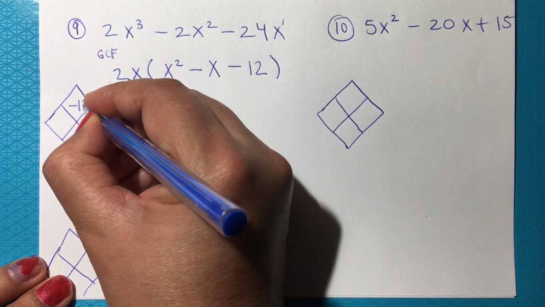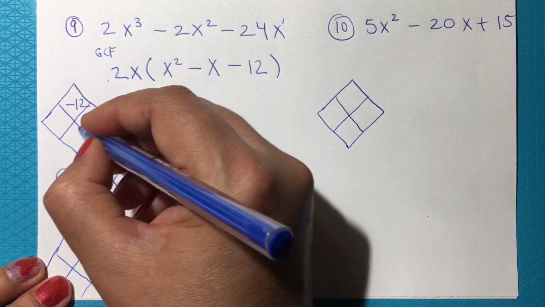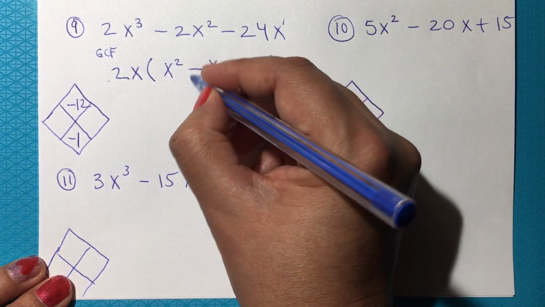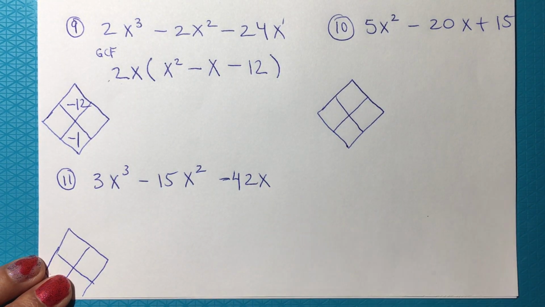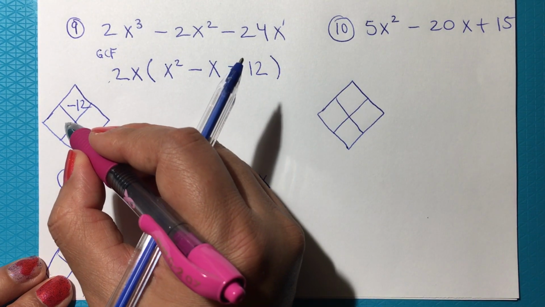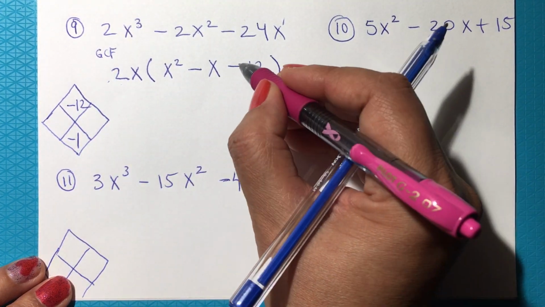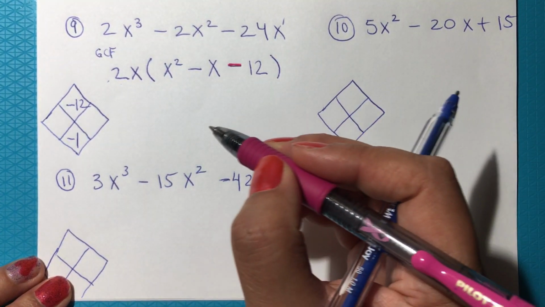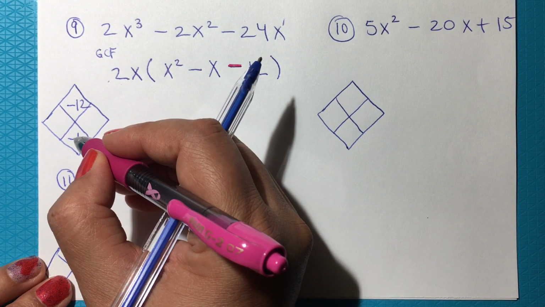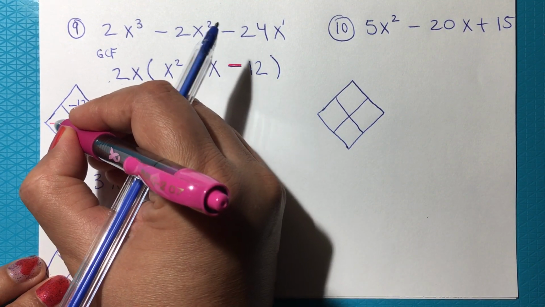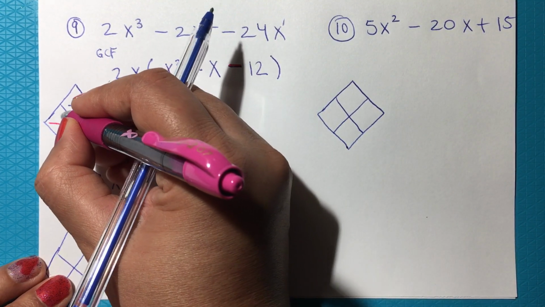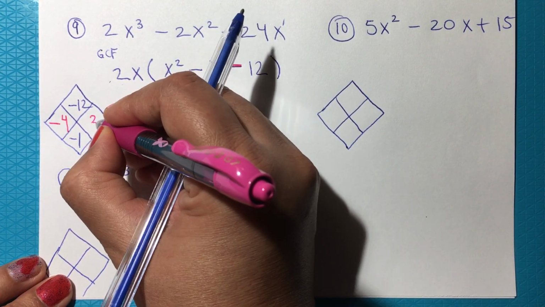So negative 12 is the last term. Negative 1 is the coefficient of the middle term. And so what are two numbers that multiply equals negative 12, but when subtracted equals negative 1? This tells me the sign of the biggest one. So it was going to be negative 4 times positive 3.